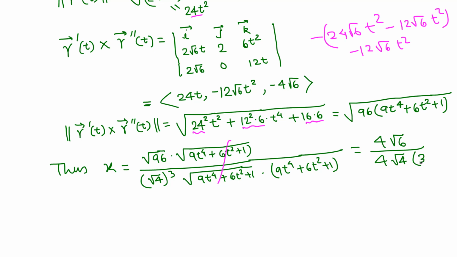If you factor, this becomes 3t squared plus 1 quantity squared, 4 cancel, and this is in fact root 3 halves, so you can write it this way, root 3 halves times 1 over 3t squared plus 1 quantity squared, final.